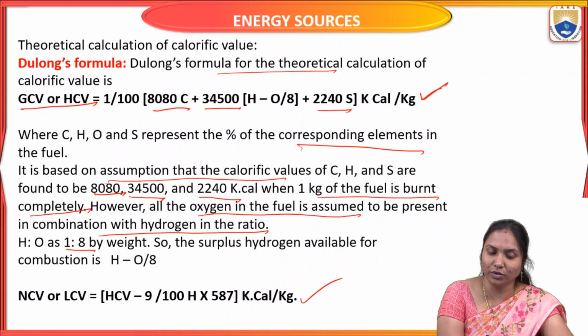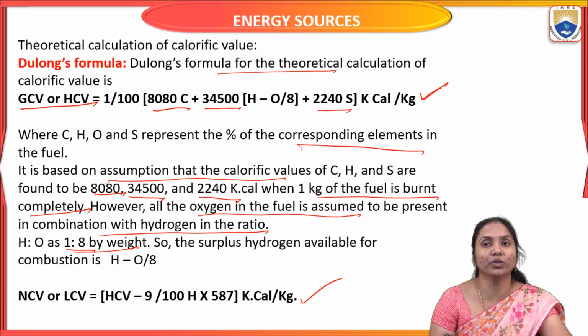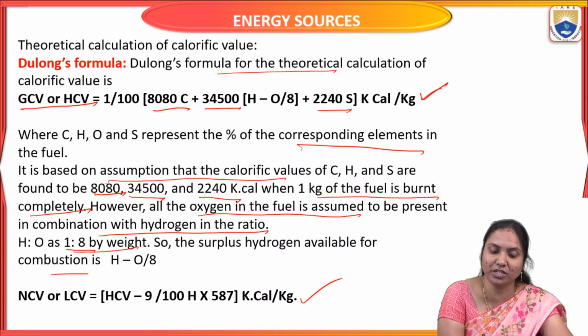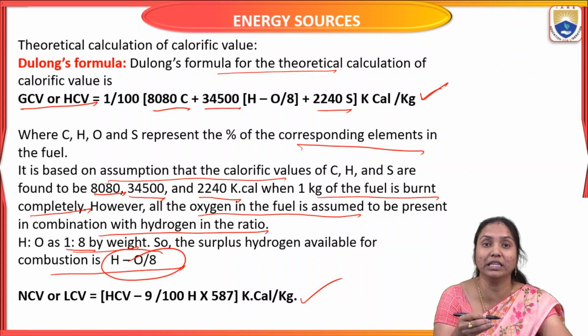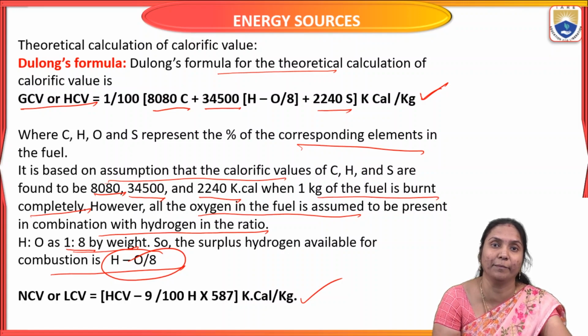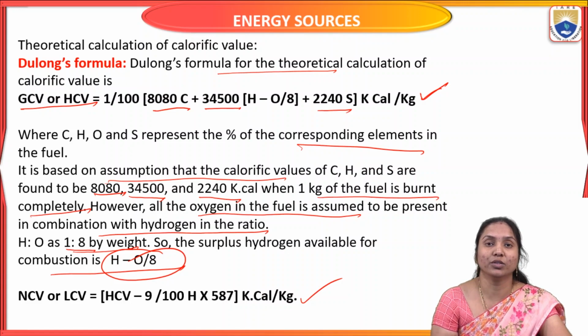So the hydrogen available for combustion is H minus O by 8, because hydrogen present in fuel produces steam, H2O, during burning in the presence of oxygen. When calculating the percentage of hydrogen and oxygen, we always use the H minus O by 8 formula.